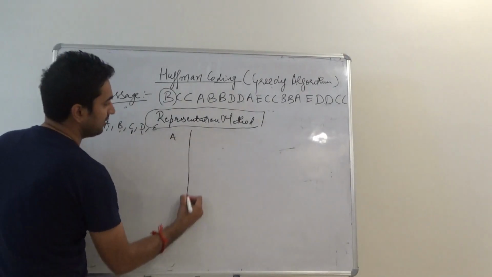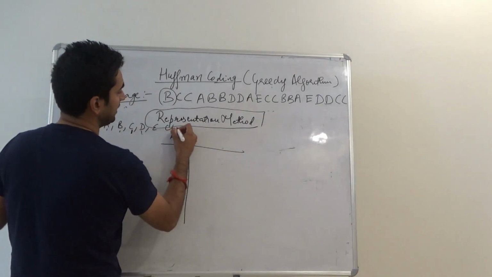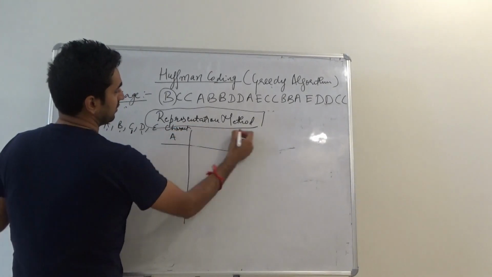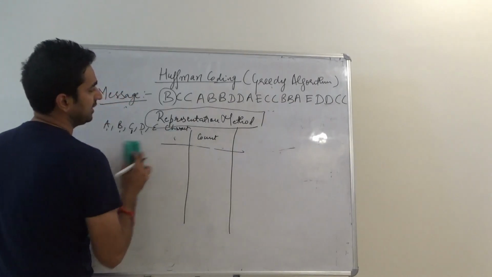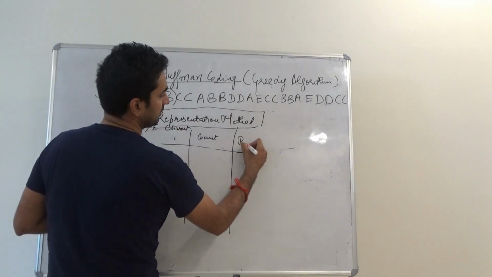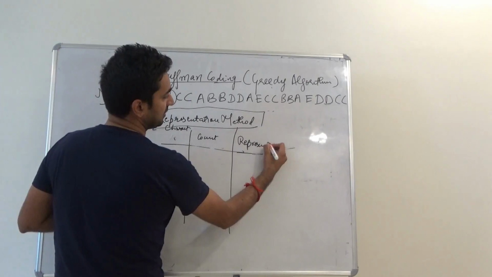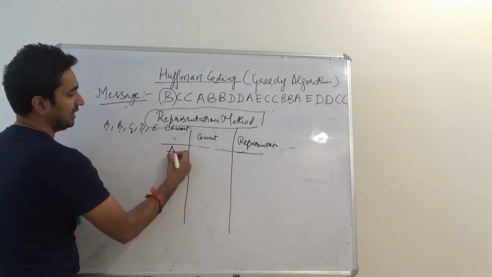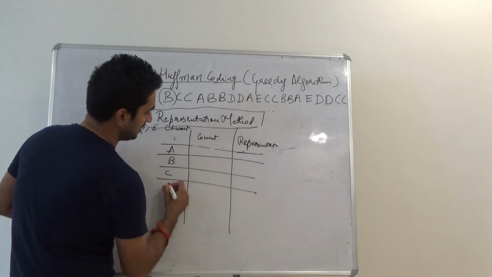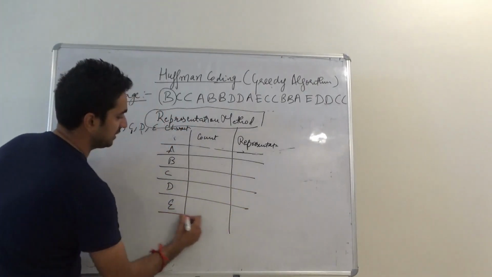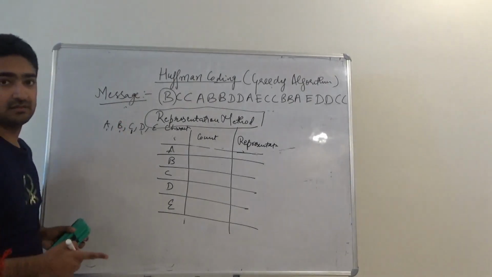We write the character and we write their count. So the characters are A, B, C, D and E. A is appearing how many times?